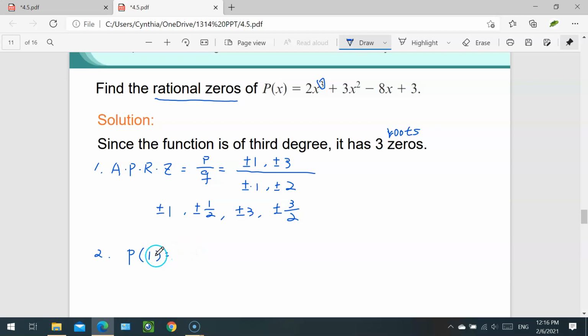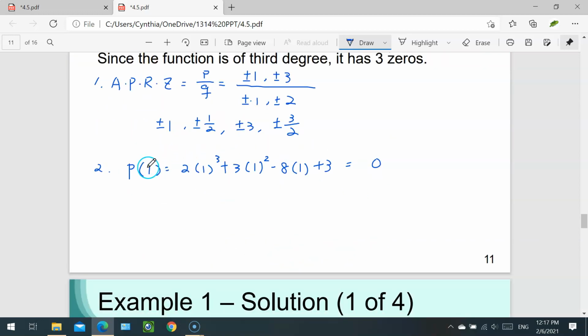So when I plug the 1 into the function, we will have 2 multiplied by 1 to the power 3 plus 3 multiplied by 1 to the power 2 minus 8 multiplied by 1 plus 3. When I do the calculation, it gives me 0. So that means 1 is a root.